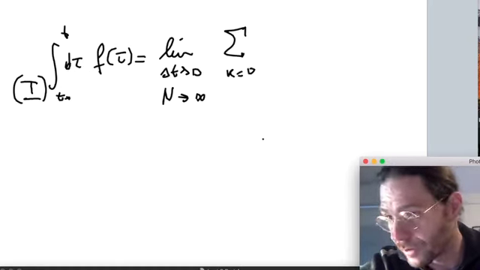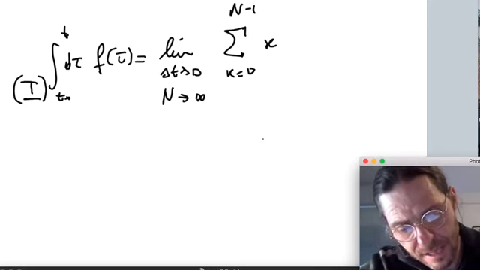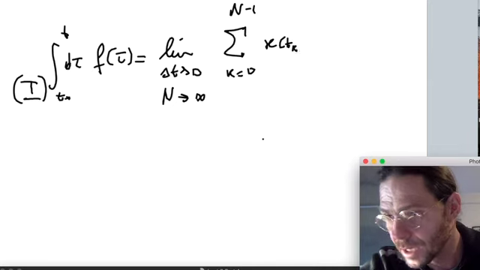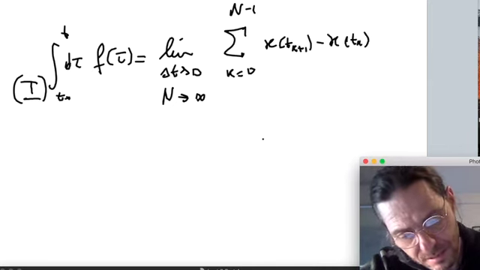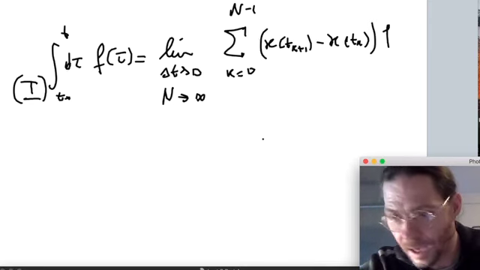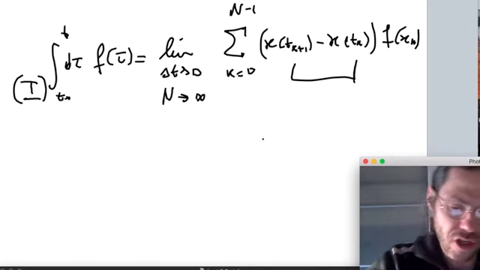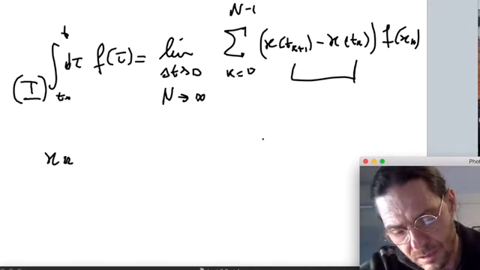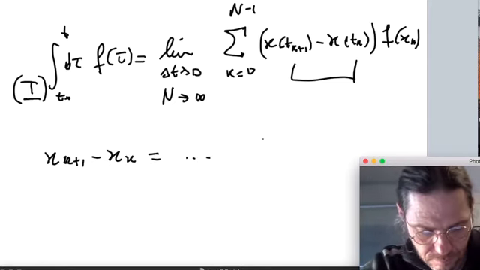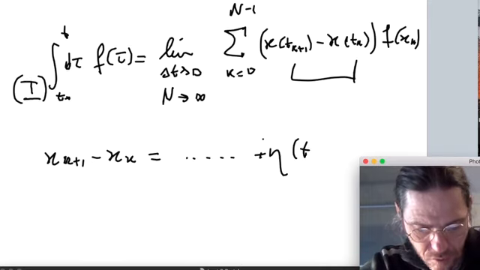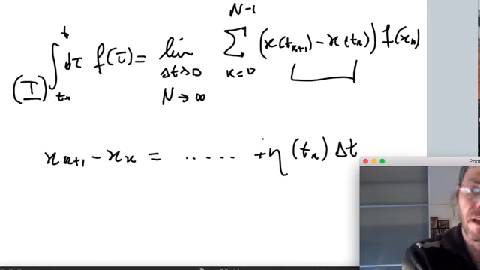Then I have my usual Riemann sum. And then, rather than delta x, I have x at time t k plus 1 minus x at time t k, times f of x k. Now, these variables here are variables generated according to a stochastic equation which contains stochastic noise in the Ito formula.